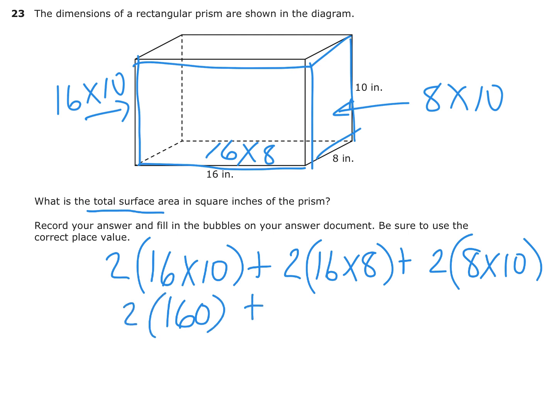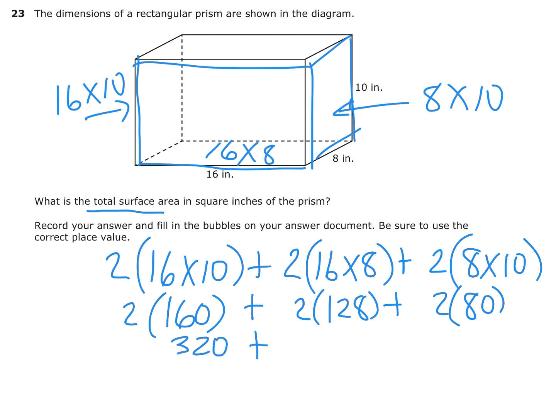Using your calculator, you're going to have 16 times 10 is 160 times 2, plus 16 times 8, 128 times 2, plus 8 times 10 is 80 times 2. So this is going to be 320. 2 times 128 is 256. 2 times 80 is 160.